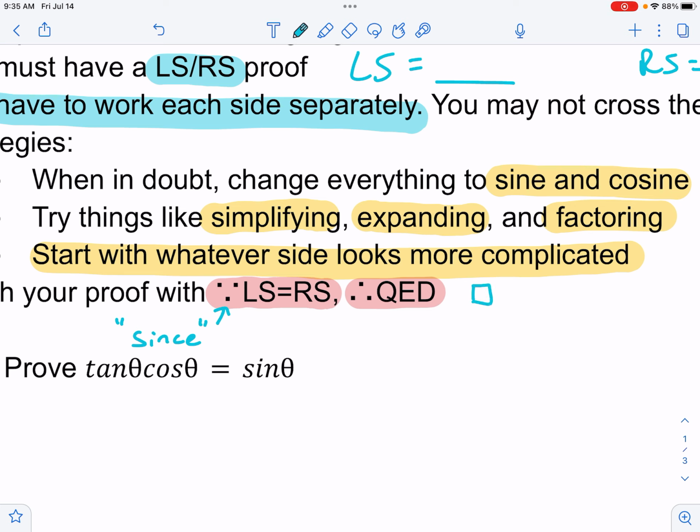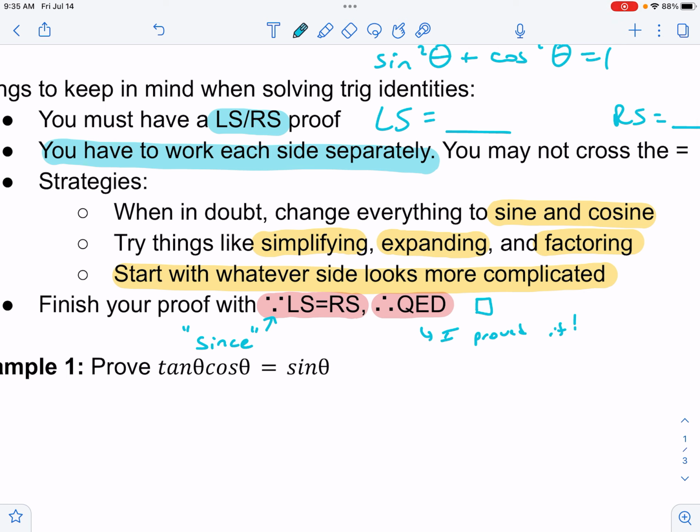It's like a blank box that you put a check mark in, being like, yeah, I'm done. QED is just like, I proved what I told you I was going to prove. It's Latin. And I did look it up. QED is quod erat demonstratum, which basically means I proved what I told you I was going to prove.